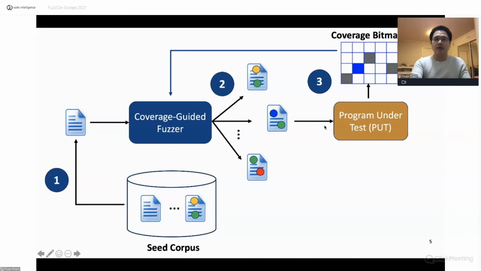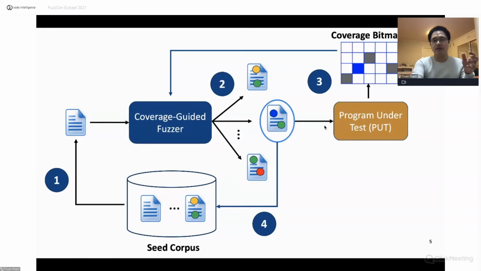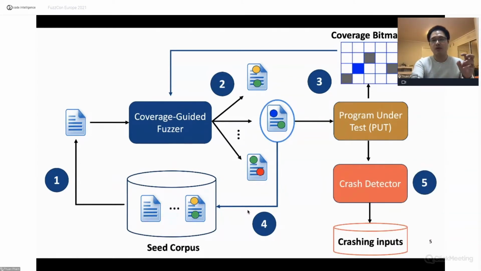And the system under test normally is instrumented in such a way that we can collect some feedback from the system under test, like the code coverage. Using this information, the fuzzer knows which input is more interesting in the sense that it covers new behavior of the program under test, and retains the input, inserting it into the seed corpus for another round of fuzzing. At the same time, the fuzzer also has a component to detect abnormal behavior of the program under test, like crash, hang, and so on, and sends the bug-triggering input to the crashing input database.